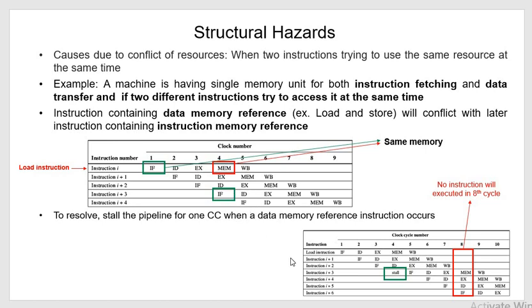But if the second instruction is also a load instruction, then the same situation will occur in the fifth cycle as well, and the instruction fetching will again be delayed by one more stall.